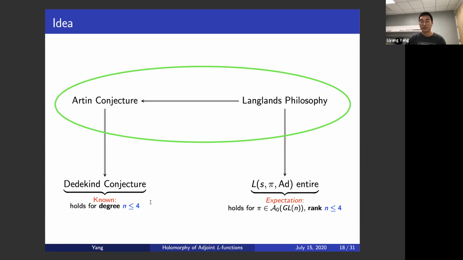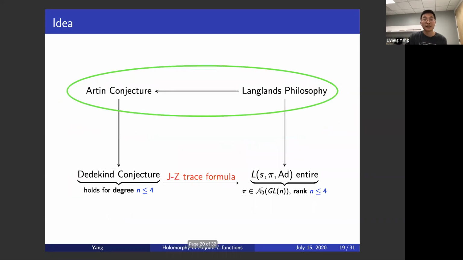So it's a natural expectation that this adjoint L function is holomorphic for rank less than or equal to 4. This was investigated by Jacquet and Zagier in the GL2 case. Their idea was to make this diagram commutative without referring to Langlands philosophy and the Artin conjecture. So roughly speaking, in the GL2 case, Jacquet and Zagier proved that the Dedekind conjecture would imply the Selberg conjecture.